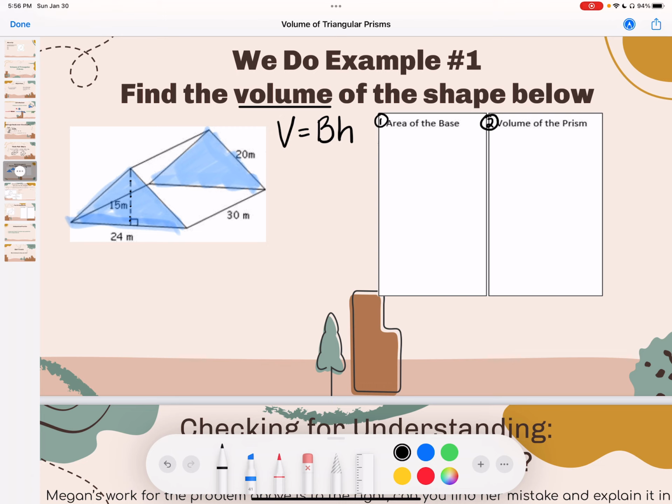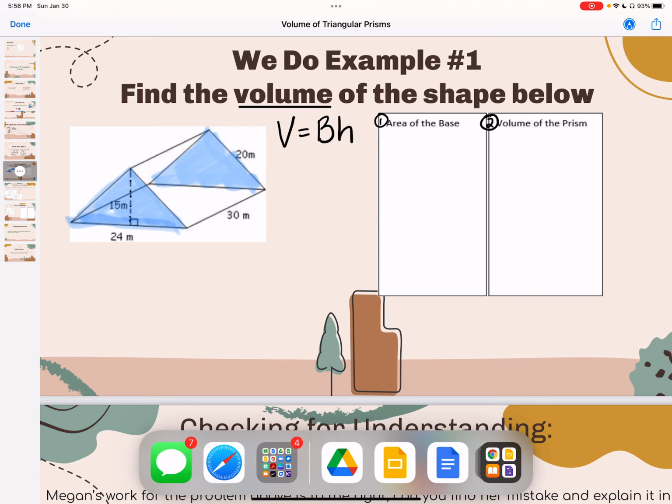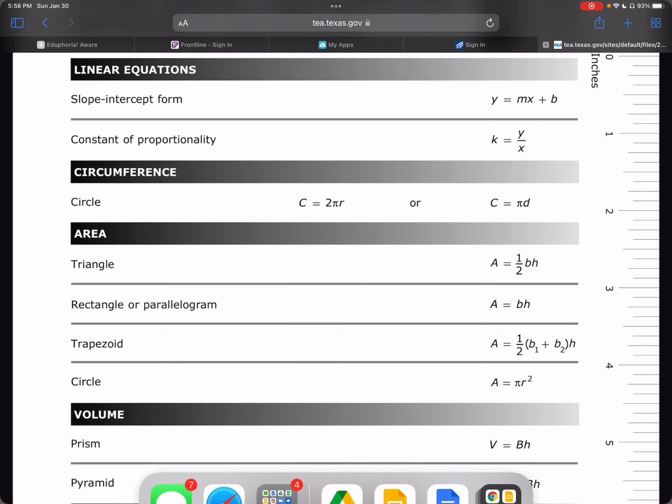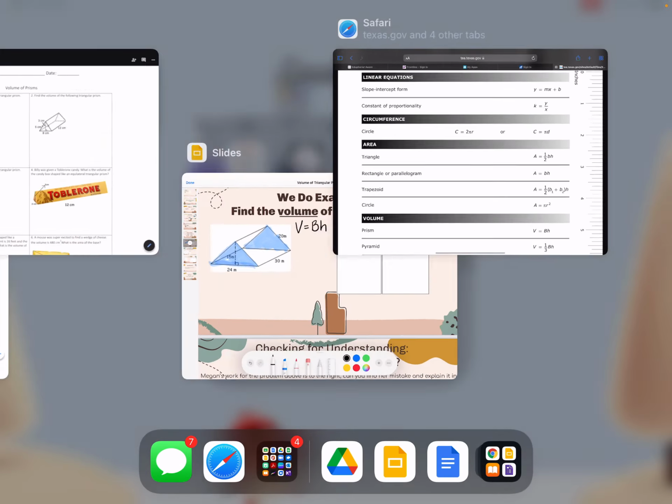So the area of my base we've already talked about is a triangle. Now, if I refer back to my star chart, I see that the area, remember you go to where it says area, and triangle is what we're using. And I've got A equals 1/2 BH.